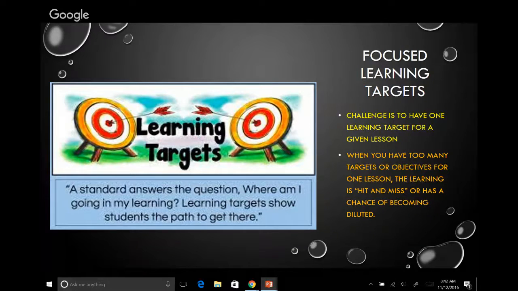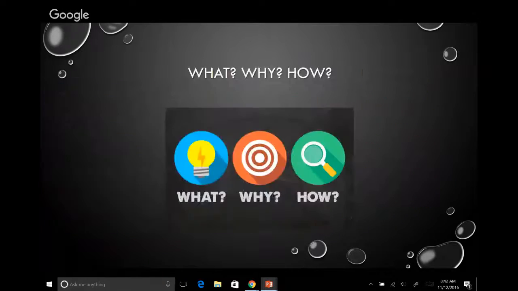But if you can think about having one specific highlighted learning target, it helps you become focused, it helps your students become focused, and there's a greater takeaway, and you have less of a chance that your content will become diluted.